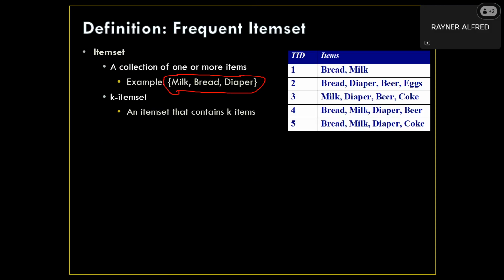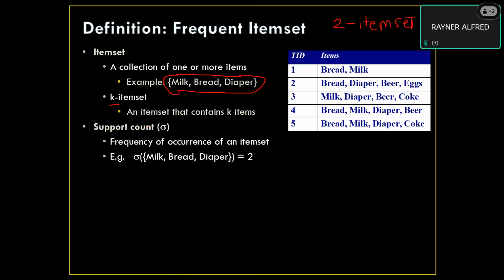We can also specify the size of the item set: a K item set means K items in your collection. So if I say 2 item set, that means in your collection you only have two items.